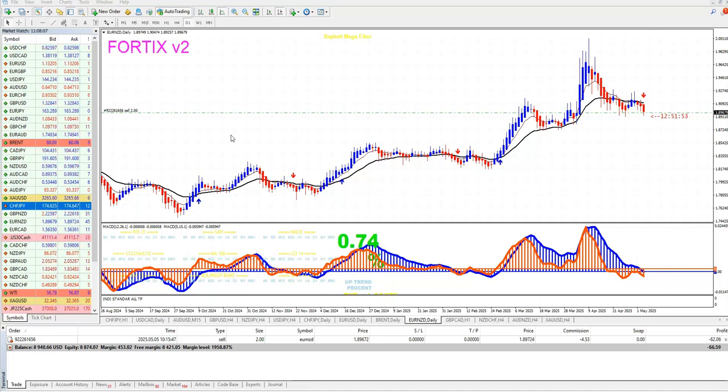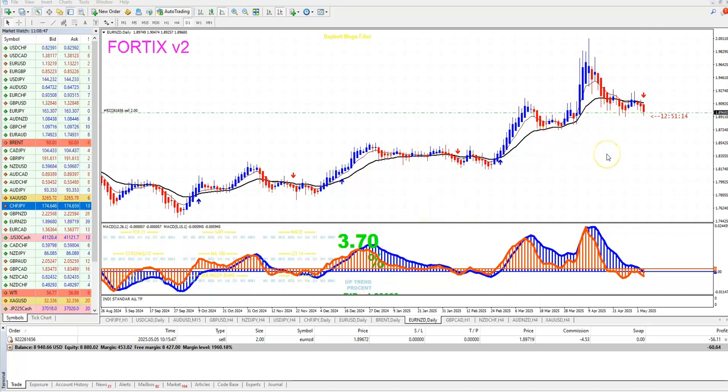The first part of the strategy, maybe the most important, is when you get the arrow. When you get the arrow, you should have, in the first version, 2 confirmations. Now you have to have 3. The first confirmation is, you see we are using 2 MA, quick and slow, and 2 MACD, quick and slow.